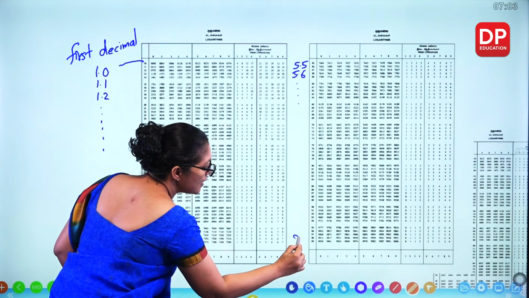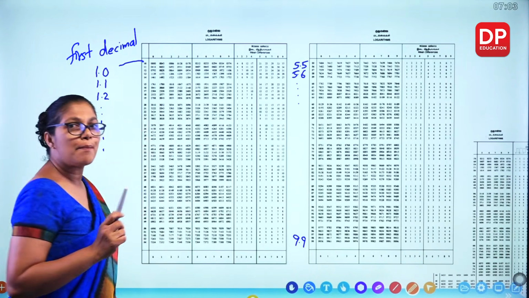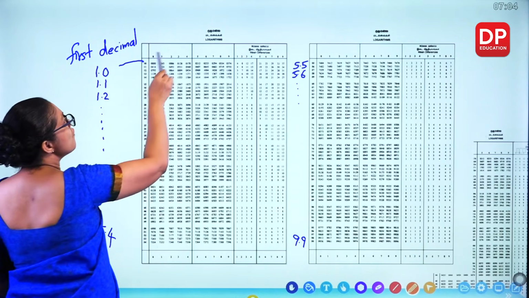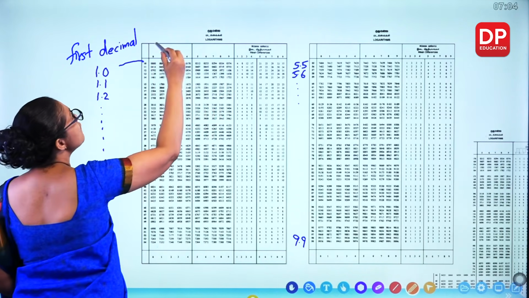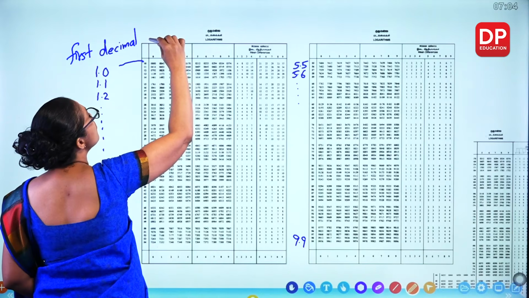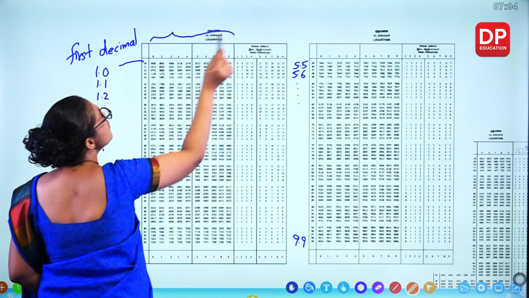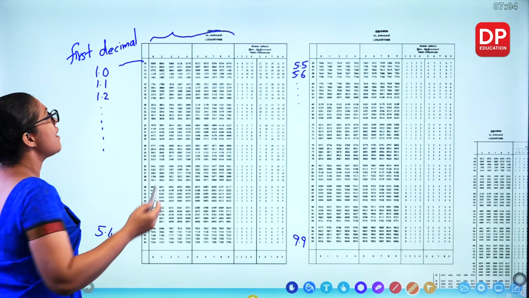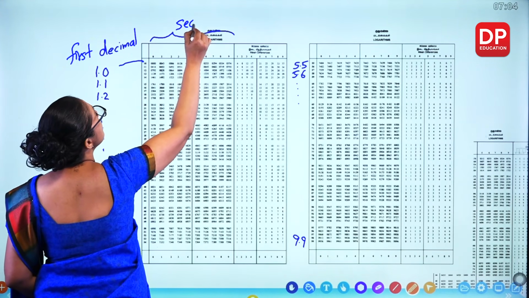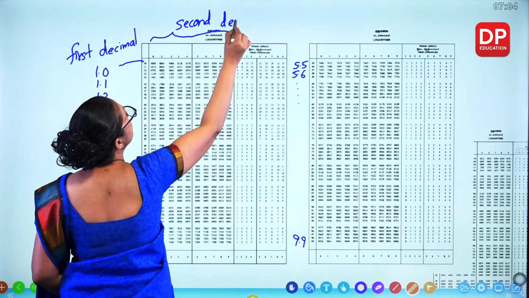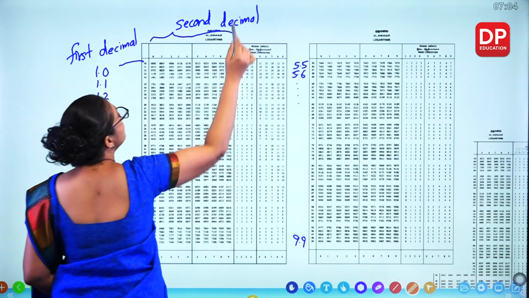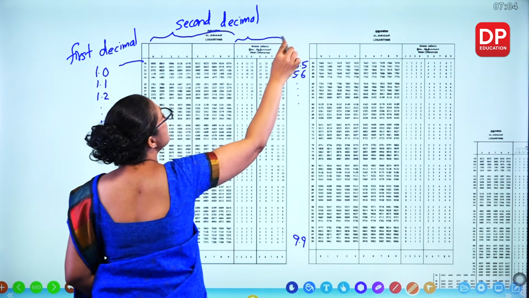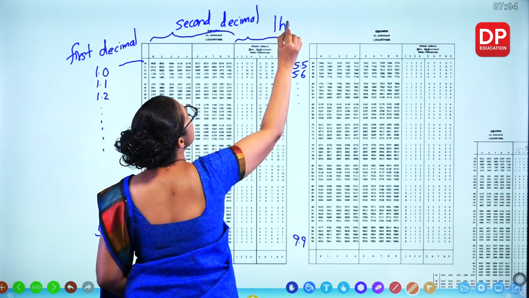What's the last number? 9.9. These numbers are correct to one decimal place. Then if you want the second decimal place, we refer to these 2 columns, 0, 1, 2, 3, 4. From this we can refer to the second decimal place. Then these 2 columns represent the third decimal place.